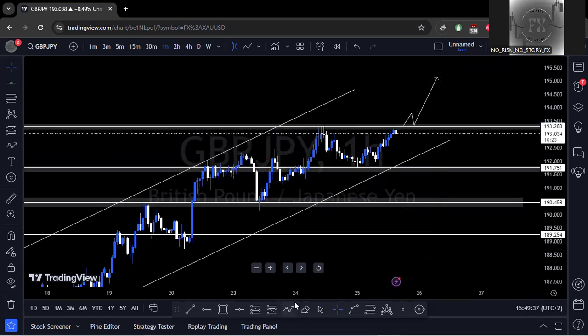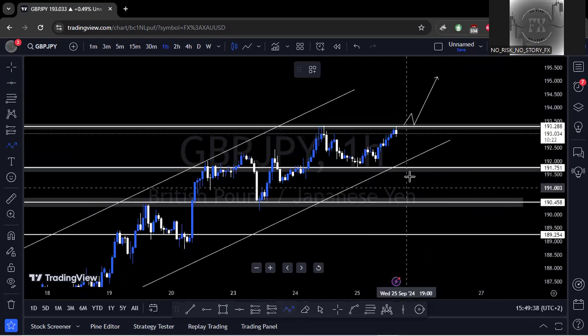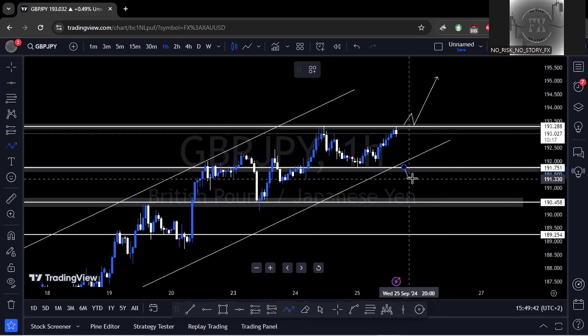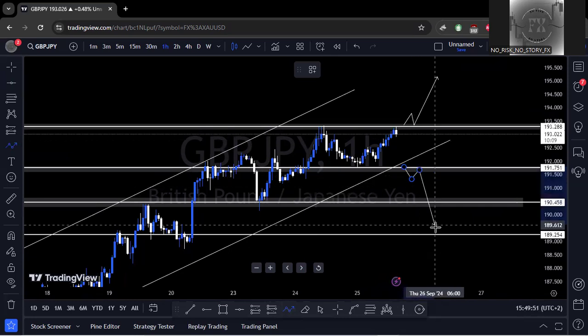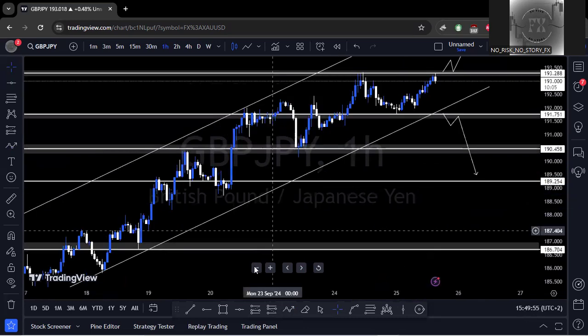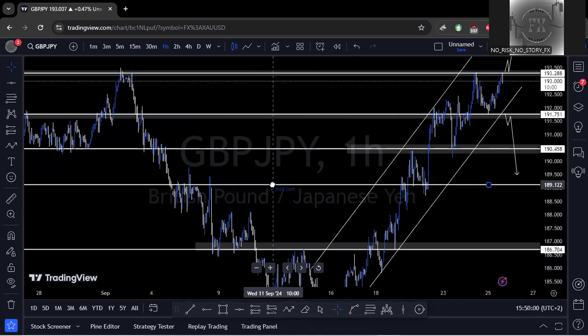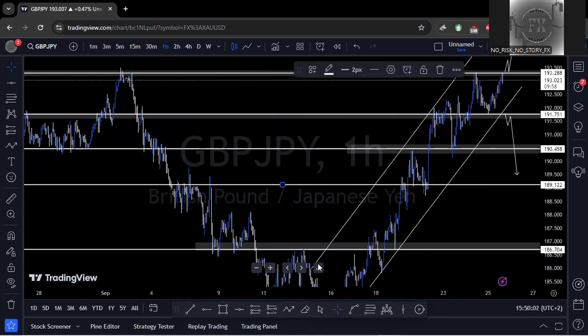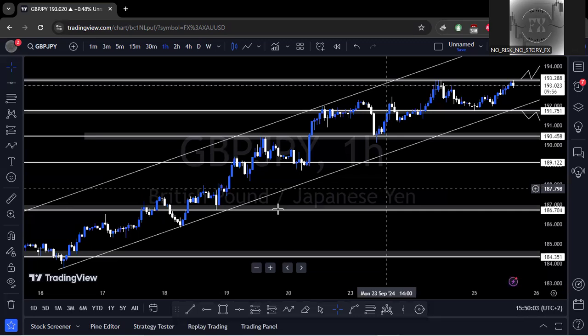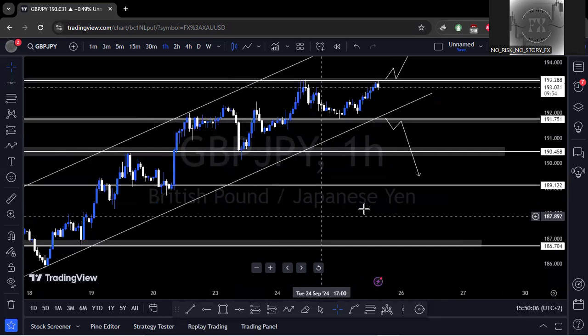Or we can wait for this market to break below this area here, give us this nice retest before pushing further to the downside.